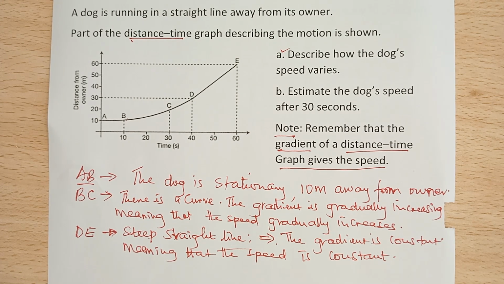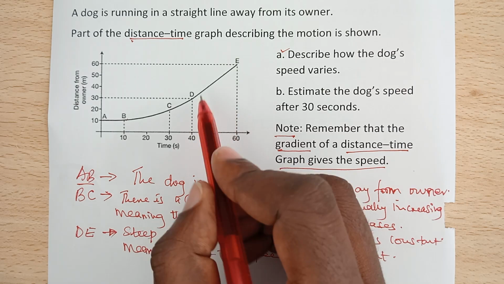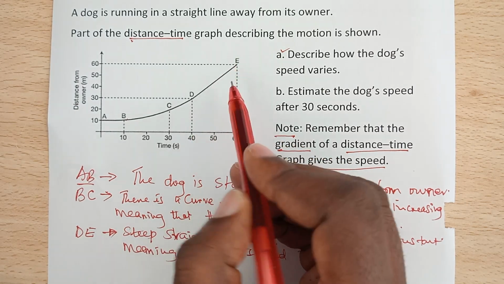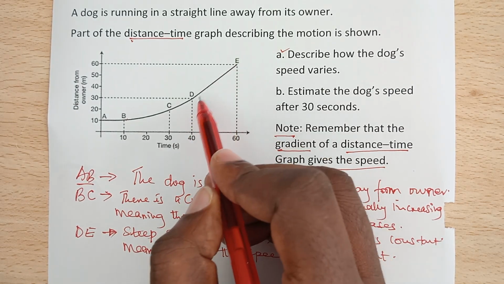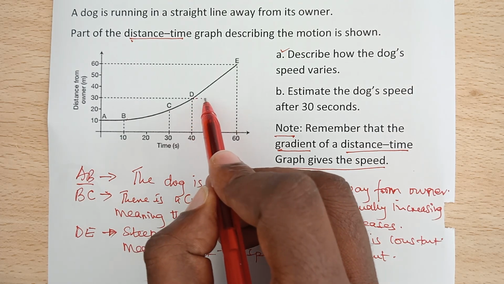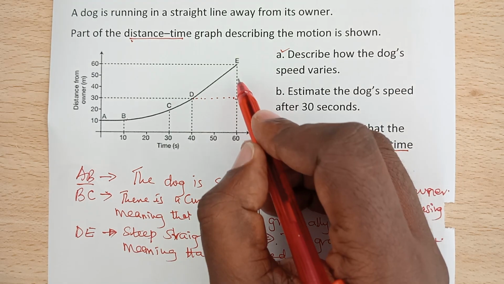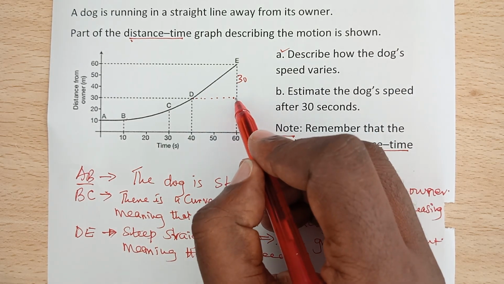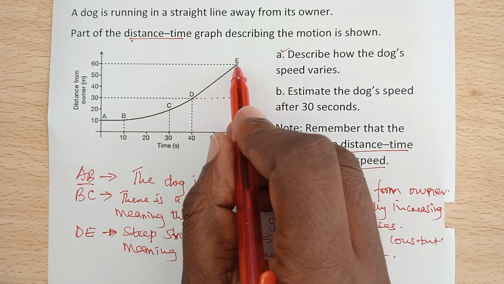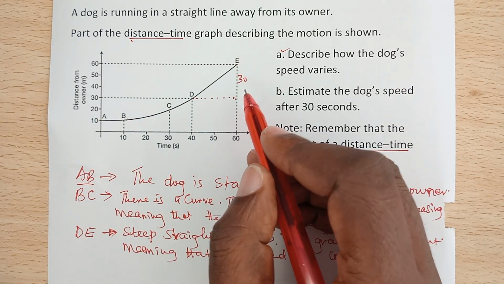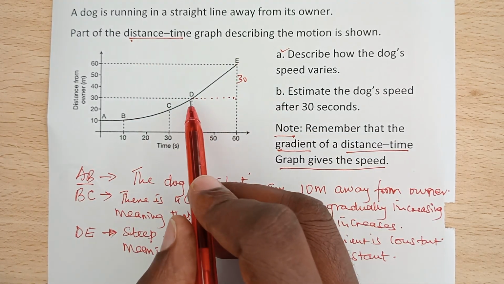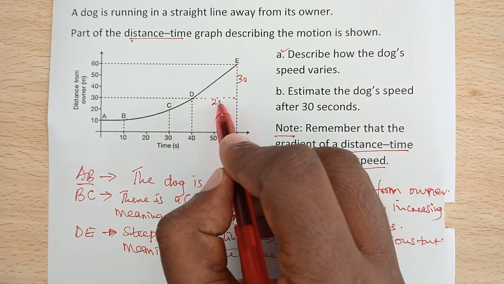Constant at what value? If you calculate the gradient of the line DE, there is no point of drawing a tangent because it is a straight line. You can just create a triangle. The rise is from 30 to 60, which is 30, and the run is from 40 to 60, which is 20.